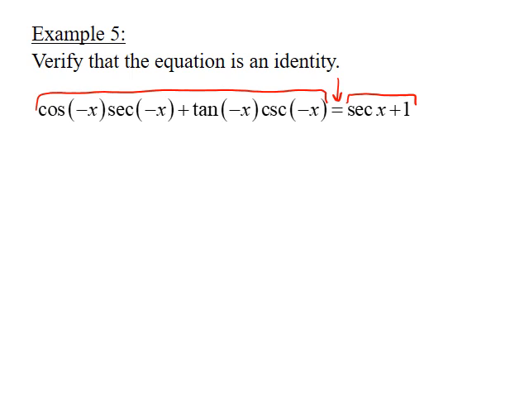In this example, this side of the equation, or the left-hand side of the equation, is more complicated. This has a lot of the even and odd identities, which are located a few slides back.